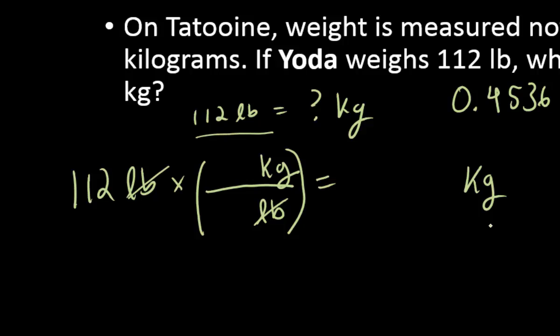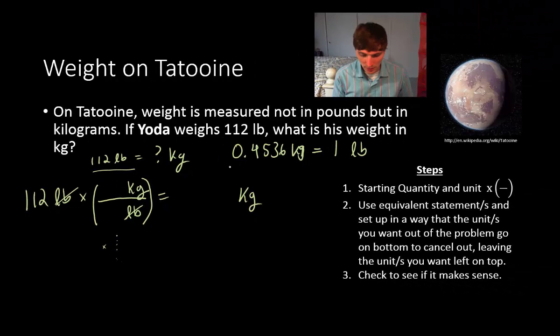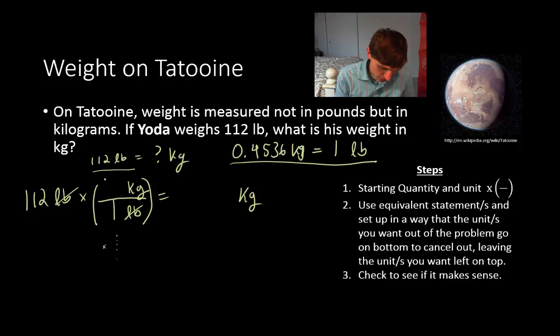So now we need to do a little math work. Remember, I'm just multiplying this by 1, so it's okay that we do this. I look at my conversion factor chart and I have this equivalent statement. Now we need to put it into this expression. So 1 pound, I have to put the 1 next to pound, otherwise it wouldn't make sense, is equal to 0.4536 kilograms.